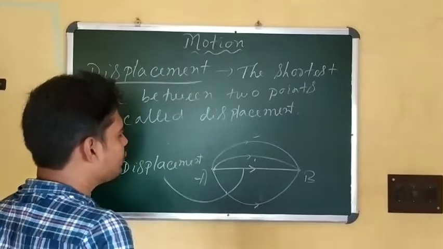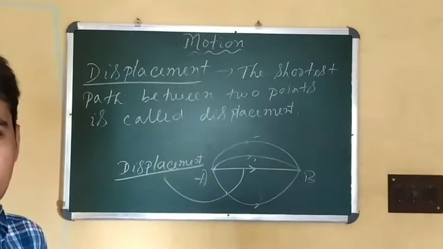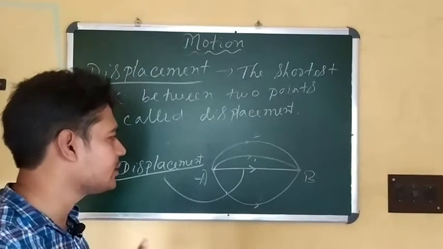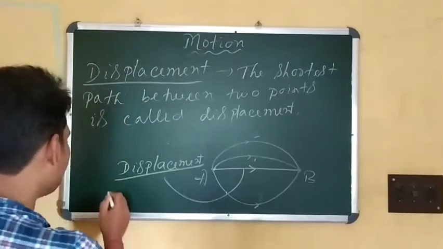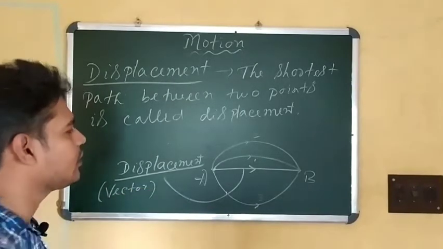Displacement has one definite direction and also it has magnitude. So it is a vector quantity.